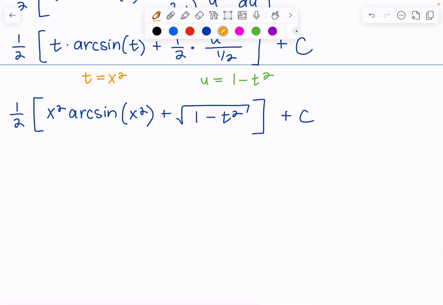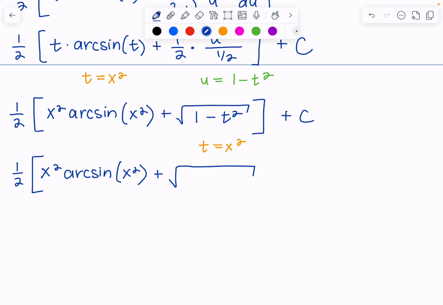I have this t here that I'm going to substitute back in t equals x squared. When I do that, I have 1/2 times x squared arcsine of x squared plus the square root of 1 minus x squared squared plus c.